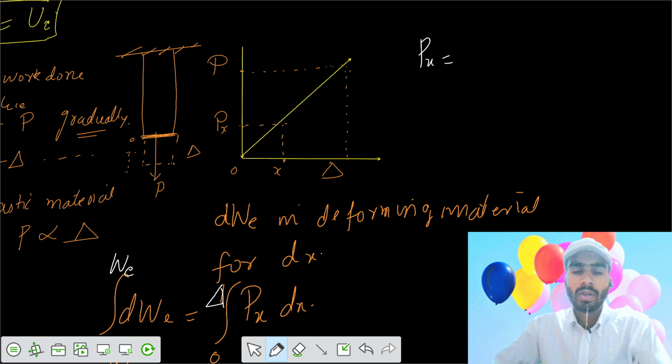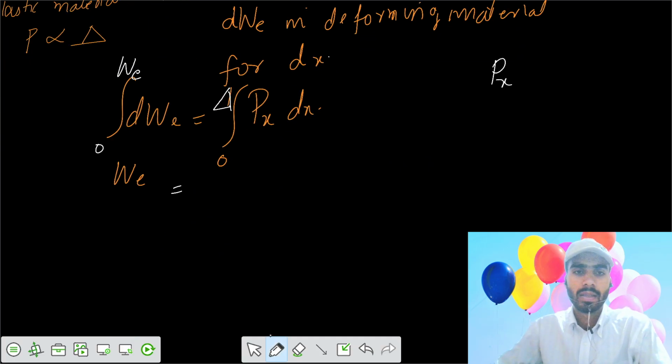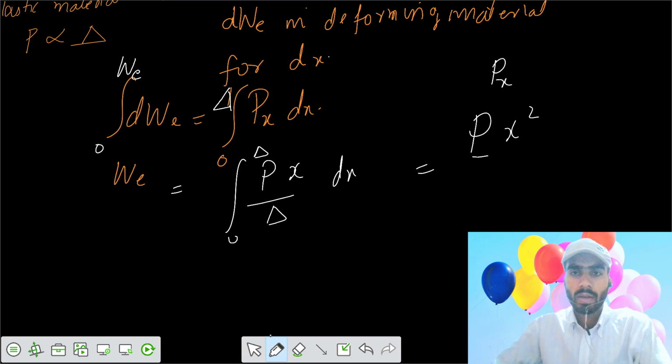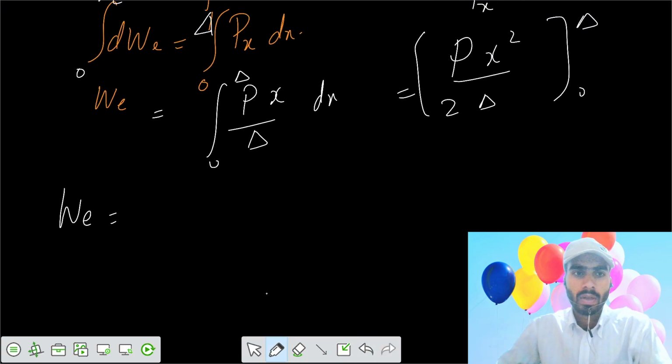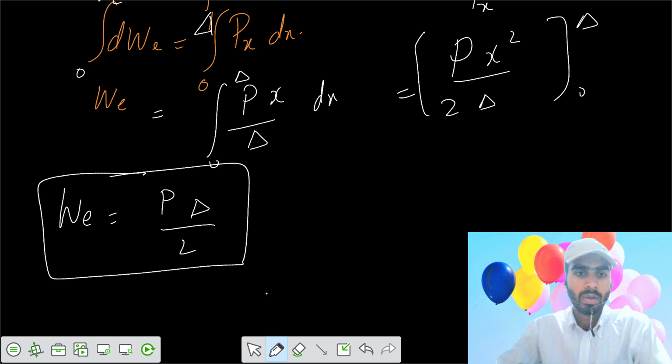Px equals the maximum load P at delta, so Px equals P x by delta. Integrating P x by delta dx from 0 to delta, we get P x squared by 2 delta, evaluated from 0 to delta. So external work done equals 1 by 2 of P into delta.